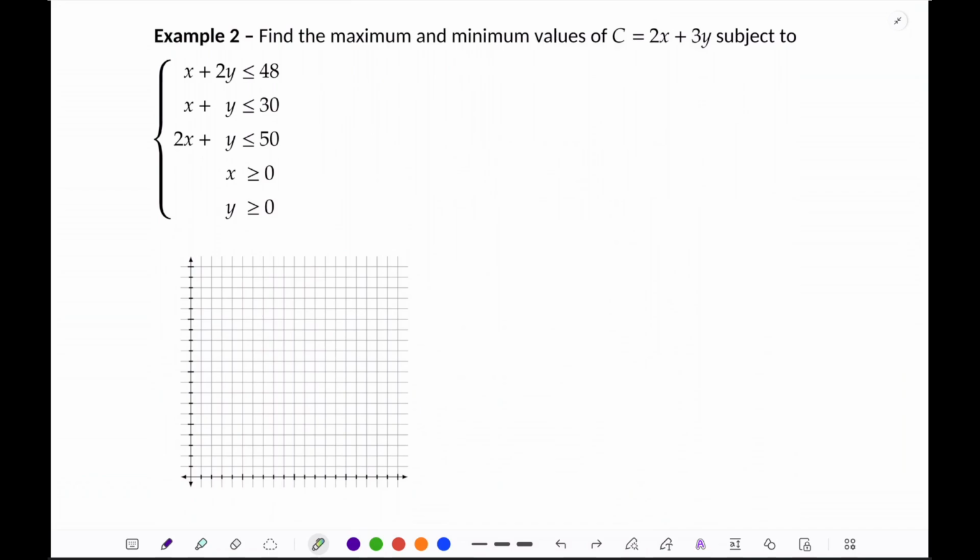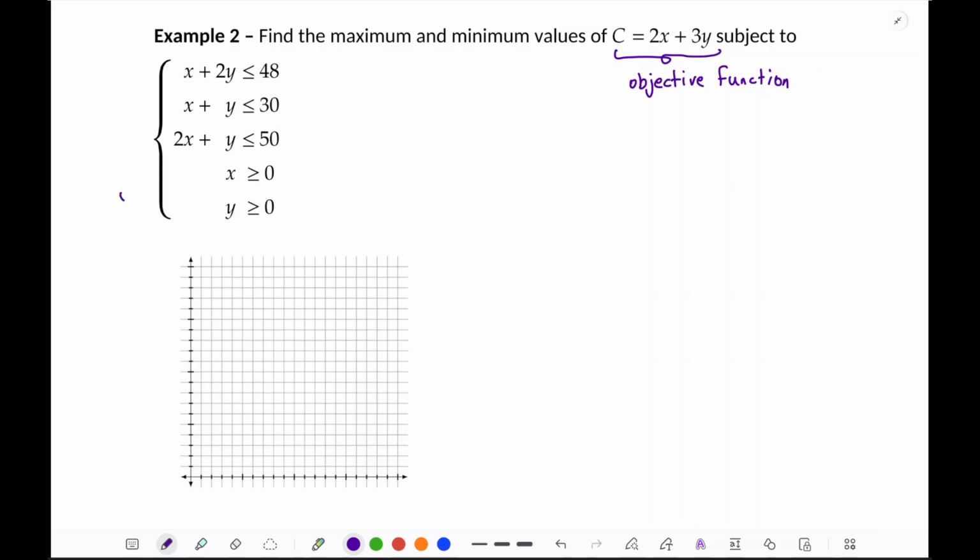So example 2: find the maximum and minimum values of C equals 2x plus 3y. So again, this is our objective function, subject to these 5 inequalities.